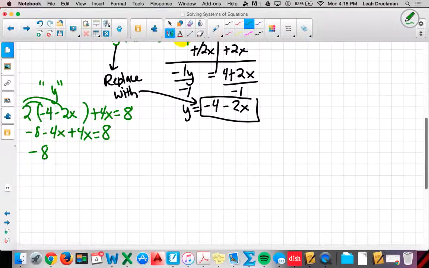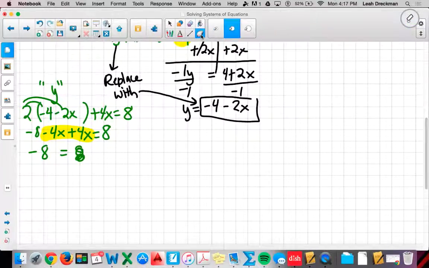Well, a negative 4x and a positive 4x cancel. Those end up equaling 0. So now, all my variables dropped out. Okay, well, negative 8 is equal to positive 8. That looks kind of weird.